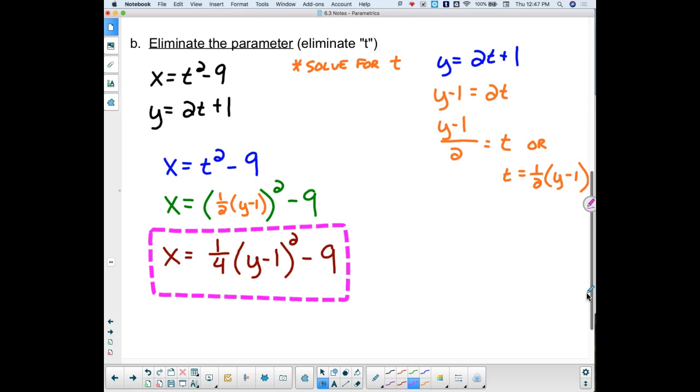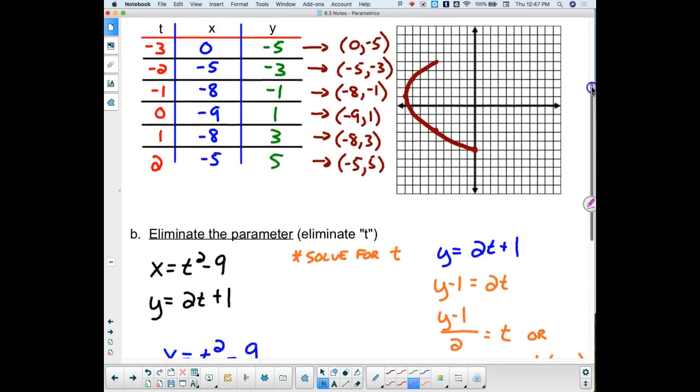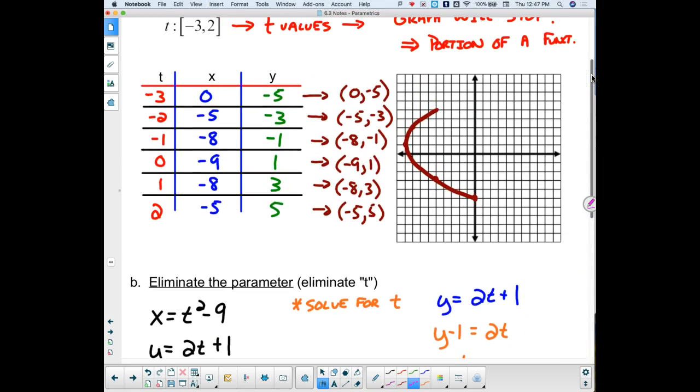Y is squared with a positive a value is a right opening parabola. If I were to graph this box on the graph, it would look like that, except it would extend and keep going on forever, like that.